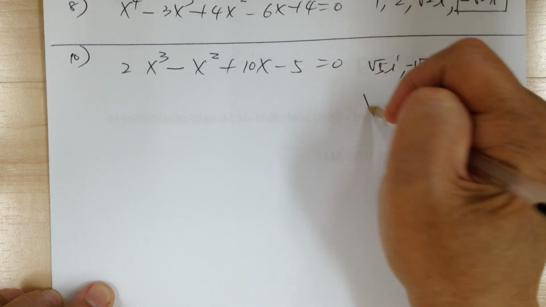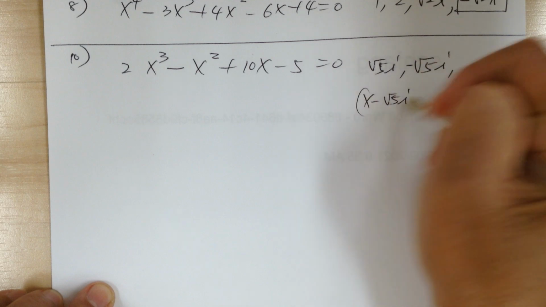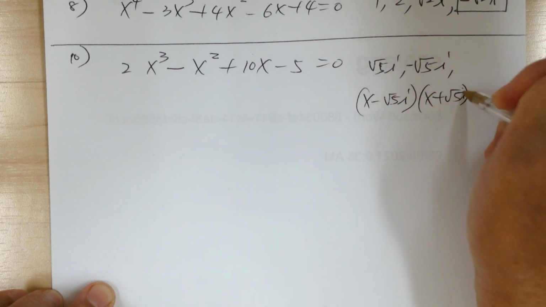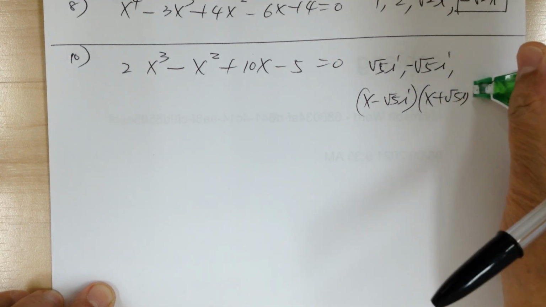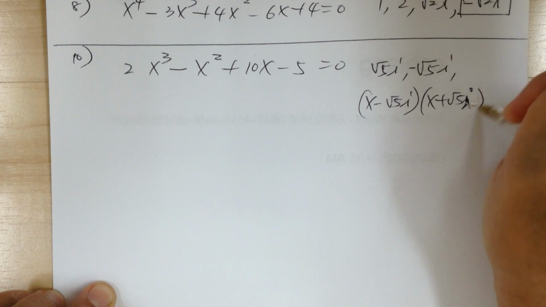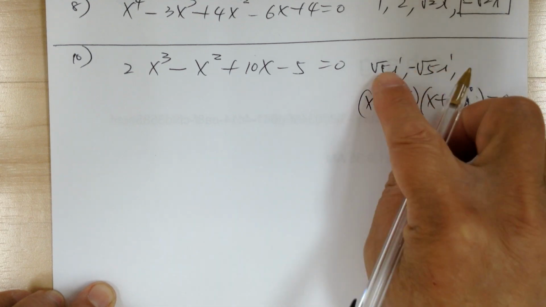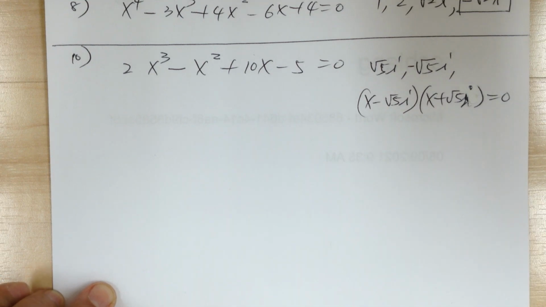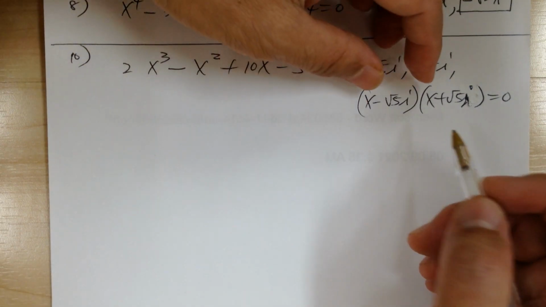Okay? So this came from x minus square root of 5i. This came from x plus square root of 5i. So these 2 answers came from here. So again, this is simple, so you can just use the conjugate.